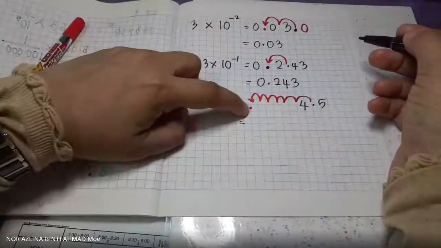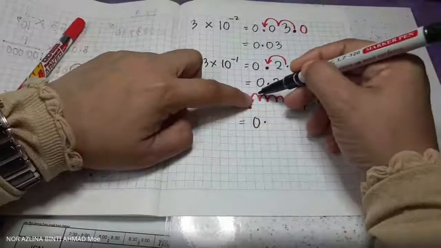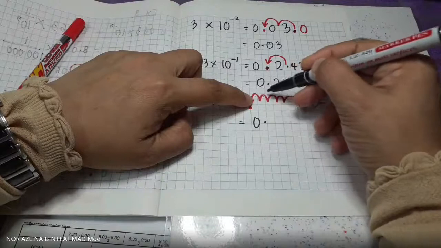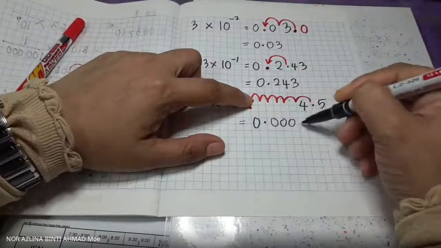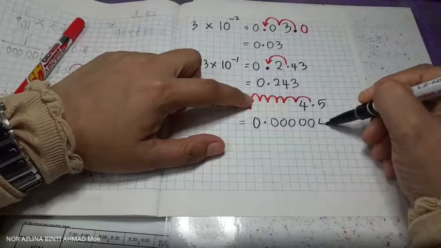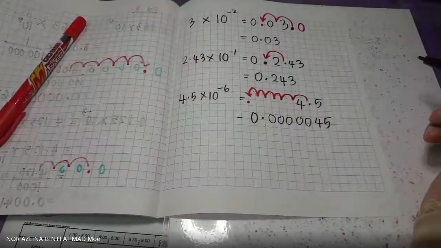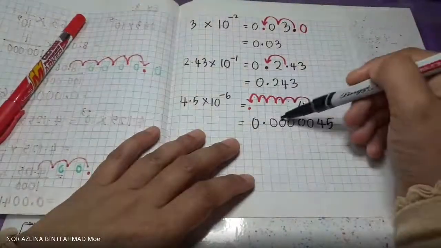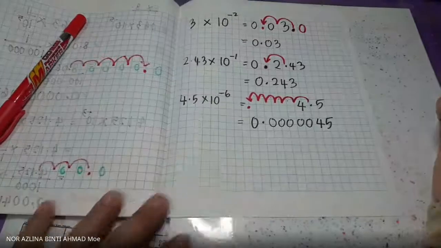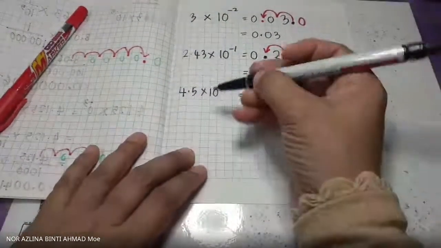Before the decimal must have 0, then point, then 5 zeros: 1, 2, 3, 4, 5, and the final digit 5. Okay. Next.